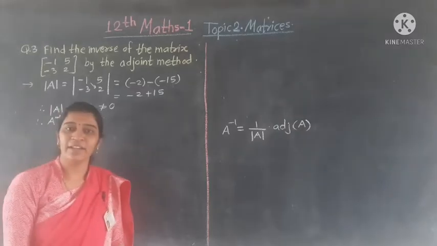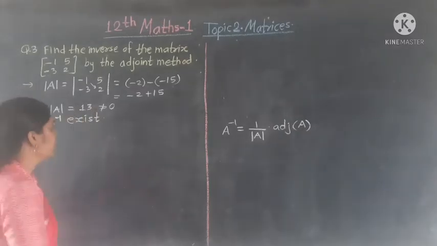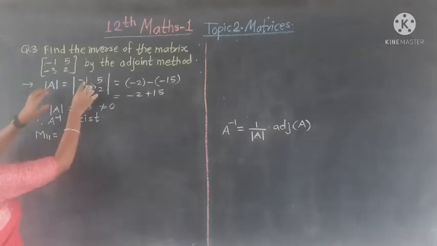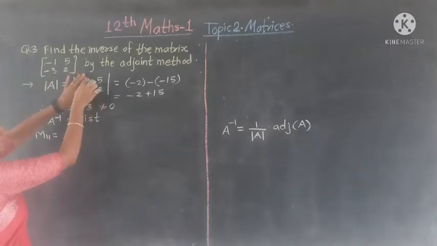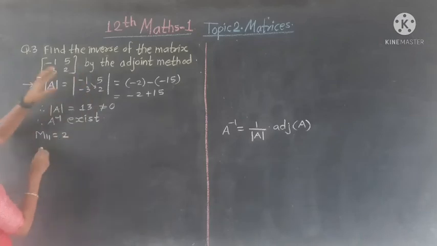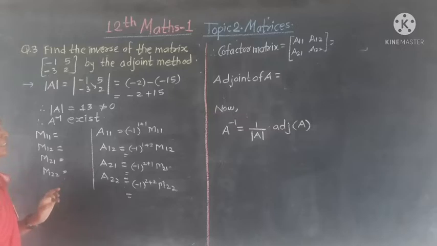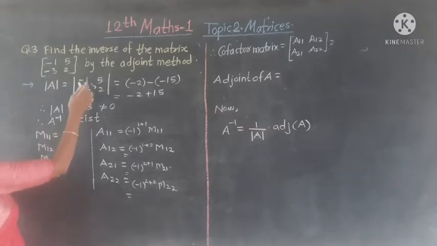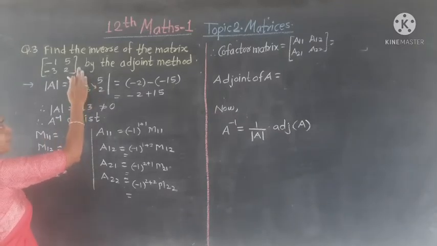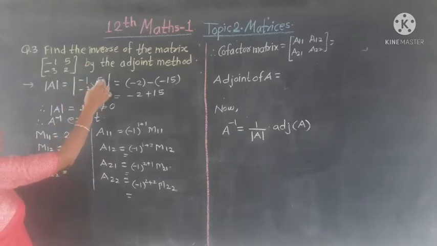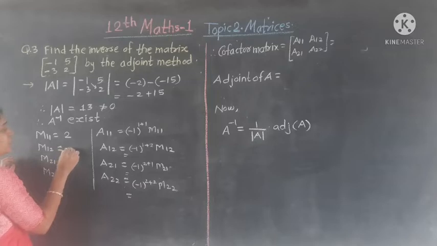Okay. Now we find the adjoint of A. For that, we find the cofactor and minor. So we first find the minor. M11, the minor of the first element: we neglect that row and column, we get 2. The minor of the first row, second column element is -3.